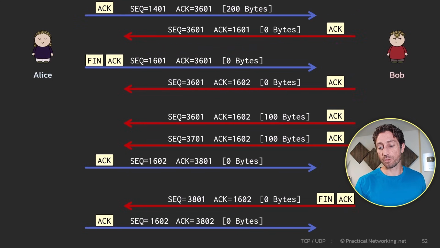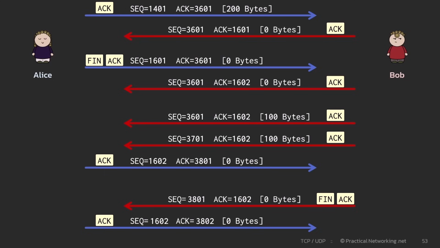Notice, if we didn't bump the sequence number forward, this would be ACK 1601 still, which is the same as it was before. And Alice would have no way of knowing whether Bob is simply resending this acknowledgement or actually acknowledging the new significant segment that she just sent. That is why the FIN flags and also the SYN flags bump the sequence number forward, even though those segments don't actually carry any data.